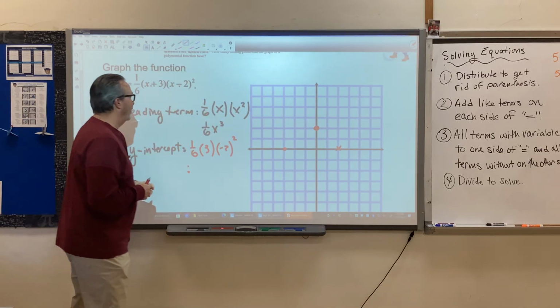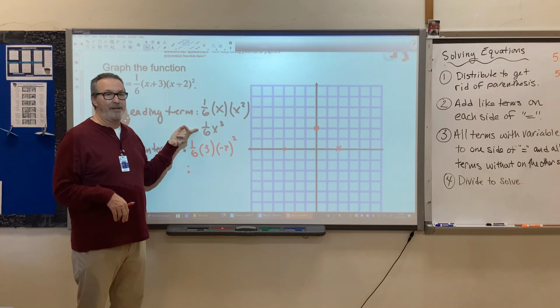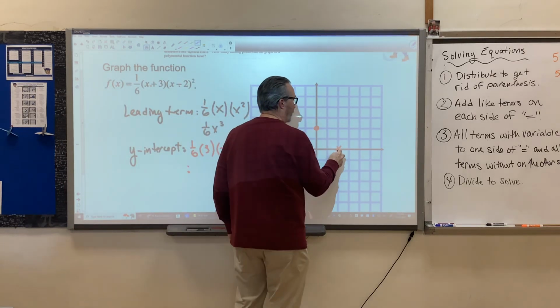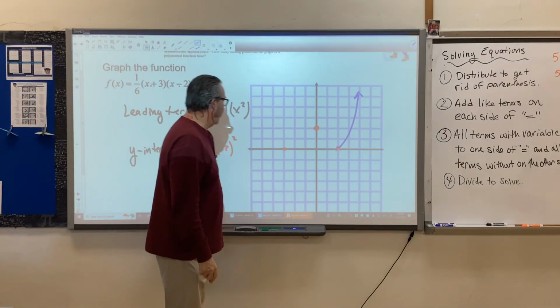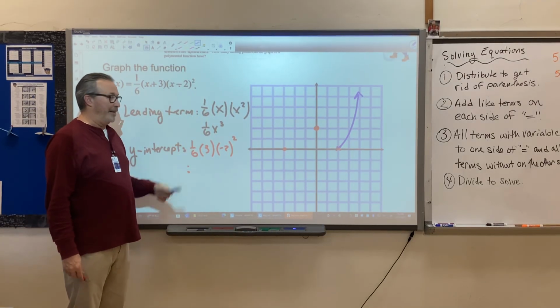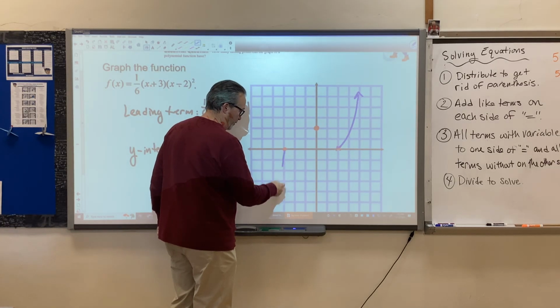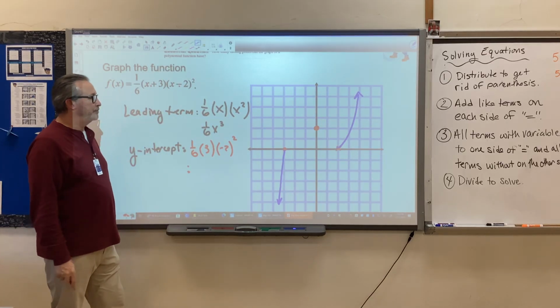Okay, so I think we know enough to graph it right now. What's the right side do based on this leading term? Goes up. Okay? So we know that. Right side goes up. What's the left side do based on this leading term? And I know it goes through this and it goes down. So I think I know enough to graph it.